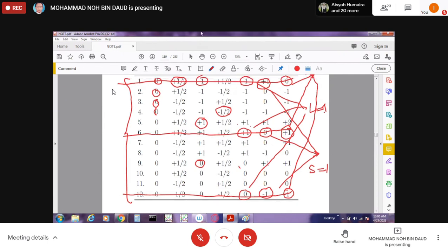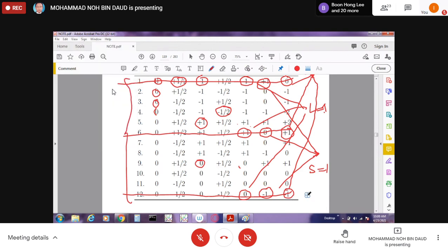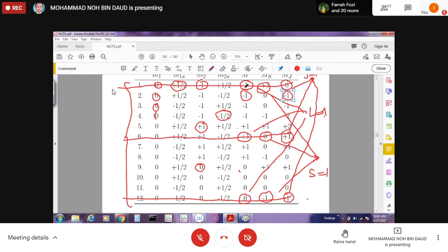Okay, so now we want to have here this one. We can include this one, this J negative 1 with same M here.